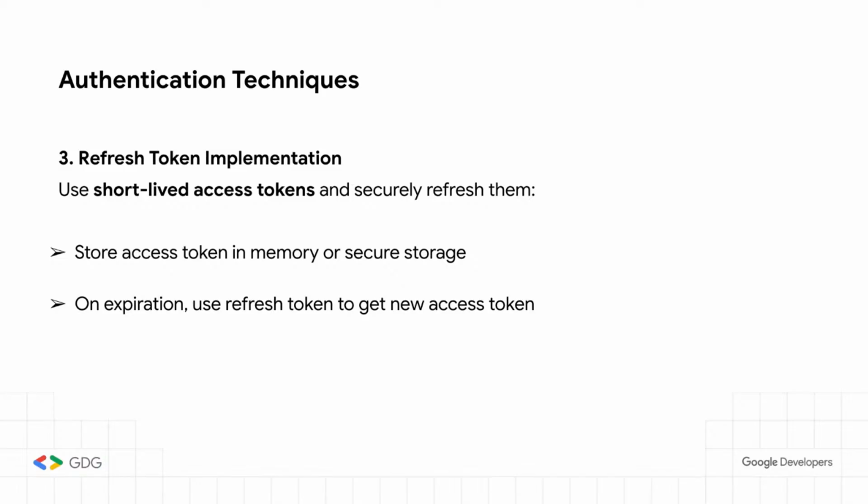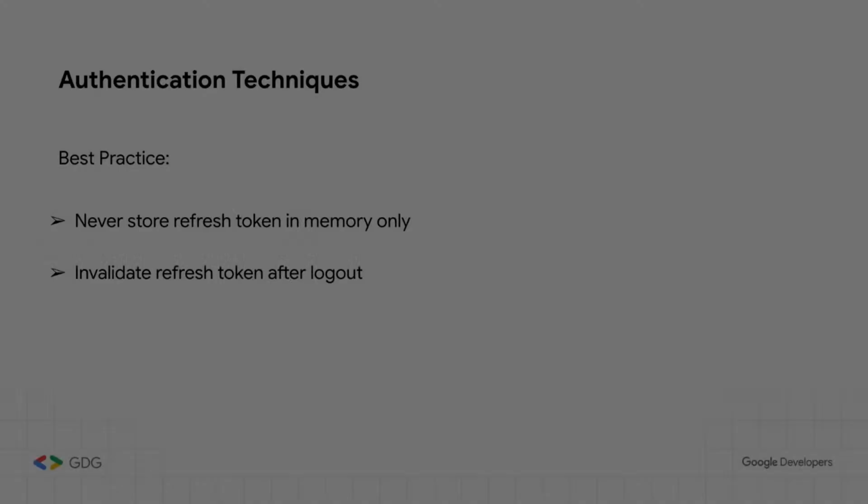And when it expires, we are going to use the refresh token to fetch a new access token. So we have three types of authentication techniques: the JWT, which is the JSON Web Token, then we have the biometric authentication, and the third one is the refresh token implementation.